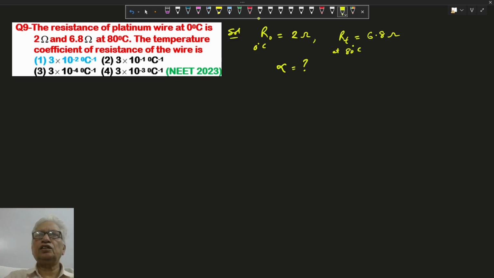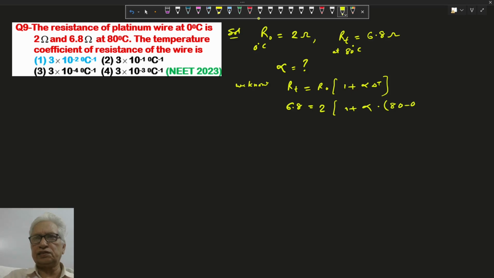Here we know the formula Rt is equal to R naught into 1 plus alpha delta T. Rt is 6.8, R naught is 2, 1 plus alpha, and the temperature difference is 80 final minus 0 degree Celsius initial.